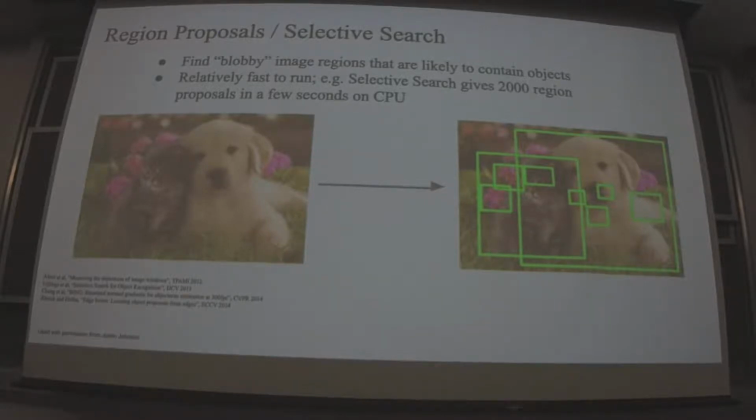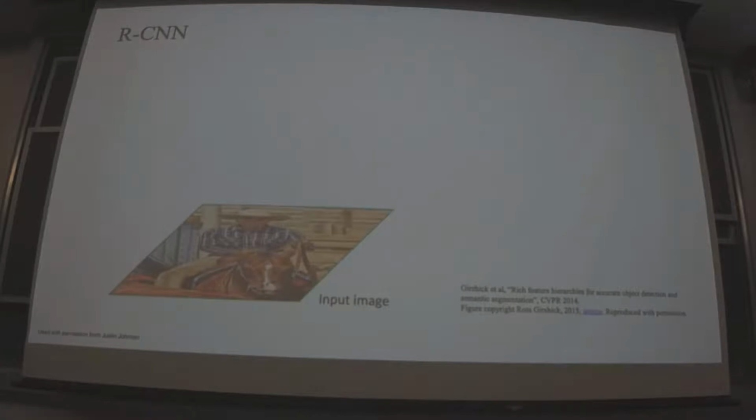Okay, so how do we go about doing this? Well, the first really successful model in this area is called RCNN, where R stands for region proposal.